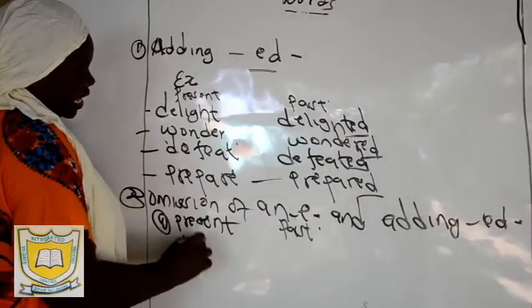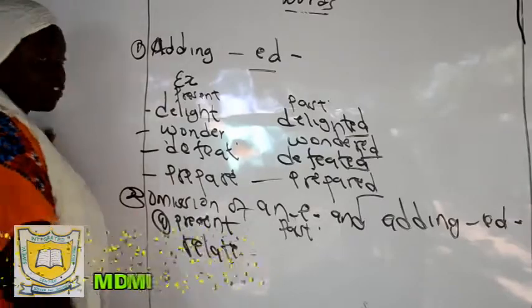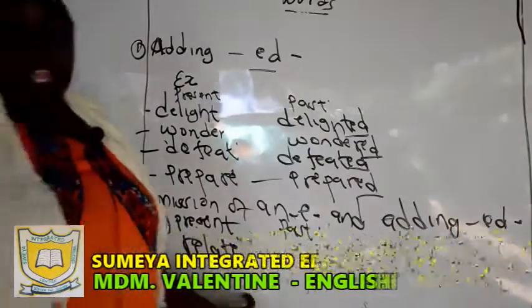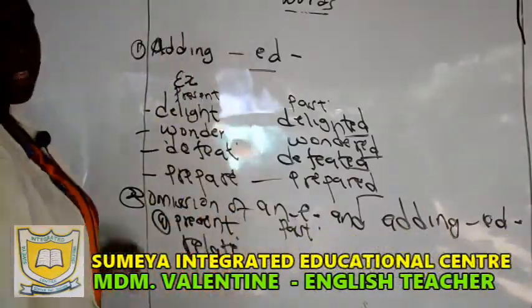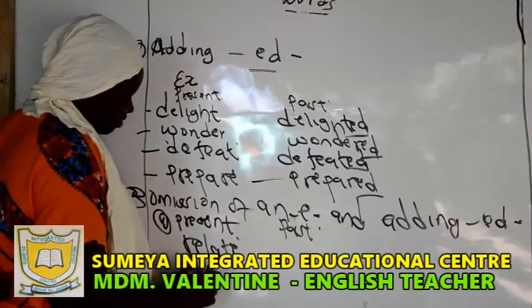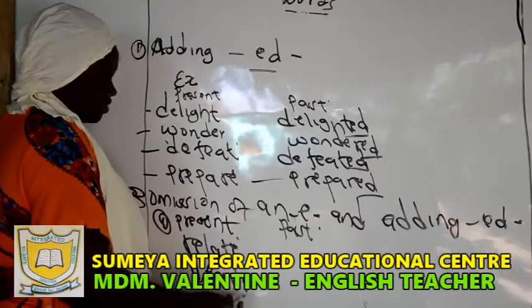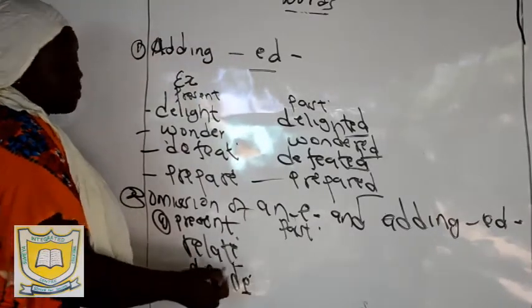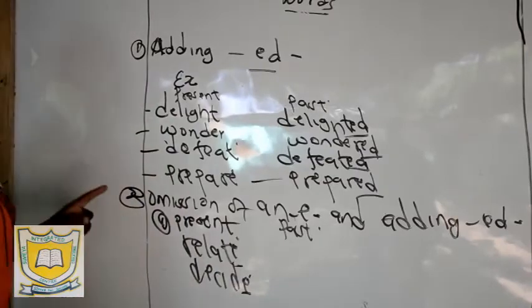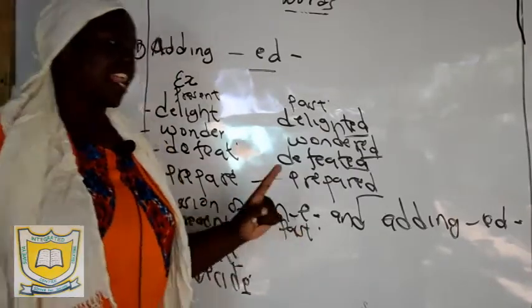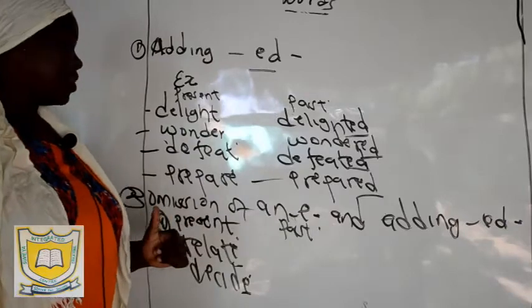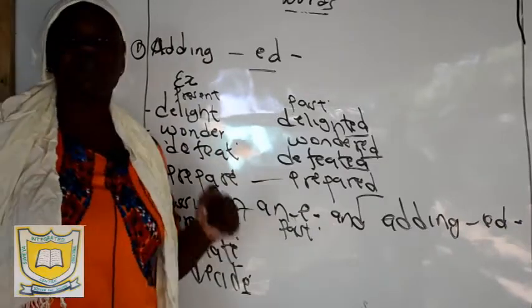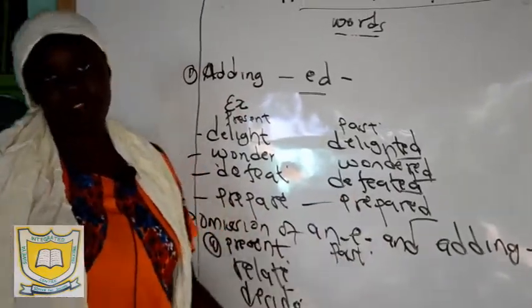You have relate, which is the present tense. The word is ending with an e. You have decide, which is also ending with an e. I said it can be omission of an e and adding an ed, or it can simply be adding a d to the word to form its past tense.